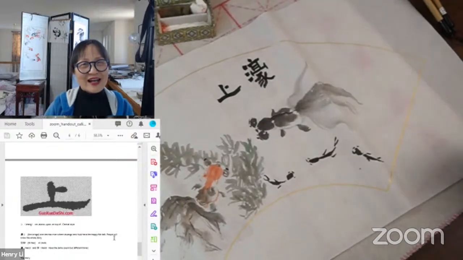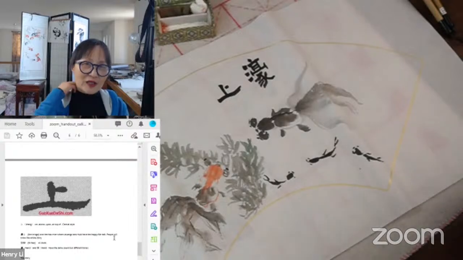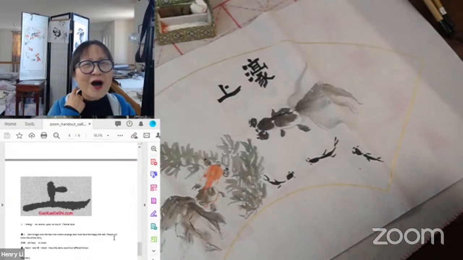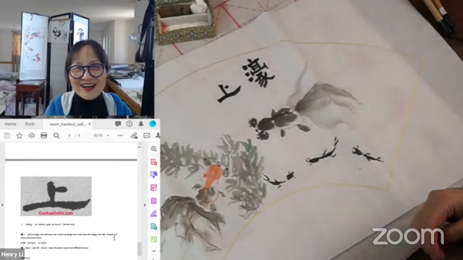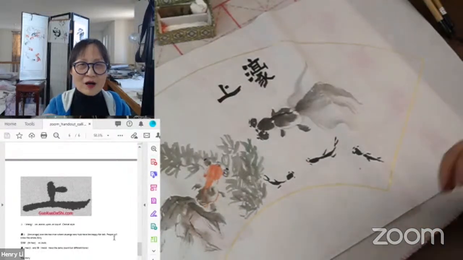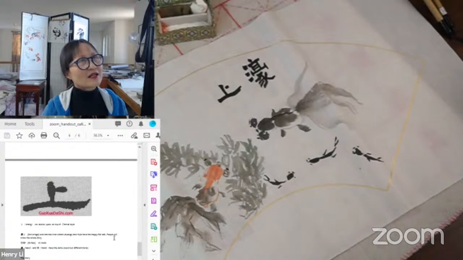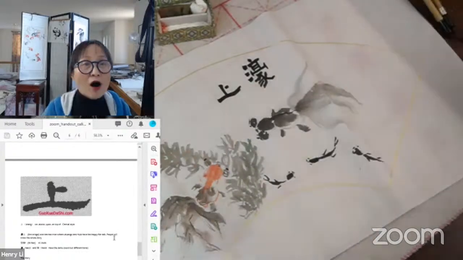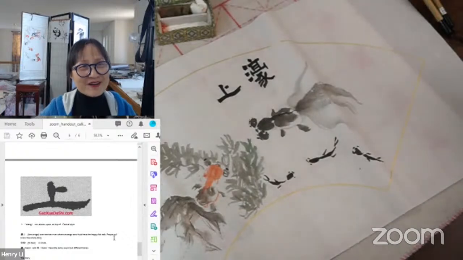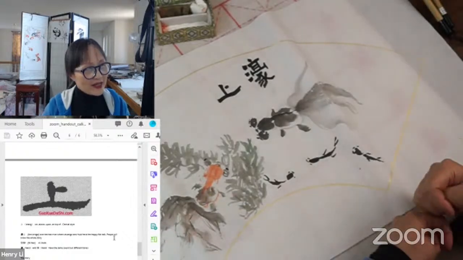Very common. And I bet when you go to a Chinese restaurant, normally they have a fish tank with goldfish, because it is a good omen meaning plenty. They also have wall paintings with fish, right? Happy fish. So it has a good story.